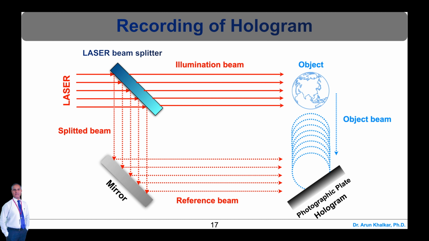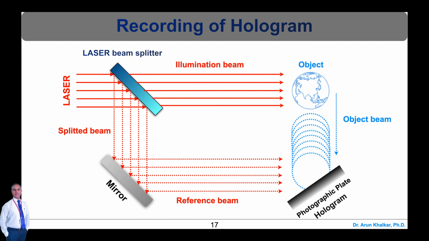The object beam reflected from the object interferes with the reference beam when both beams reach the photographic plate. The superposition of these two beams produces an interference pattern in the form of dark and bright fringes, and this pattern is recorded on the photographic plate.